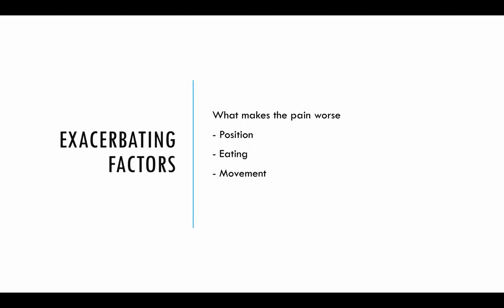And then obviously our exacerbating factors. Again, position can exacerbate it. Eating, so for some of your upper GI issues, eating can definitely make things worse. And movement. We talk about it a lot with appendicitis, but it's basically anything that has caused localized peritonism: movement, or particularly the back of a car.